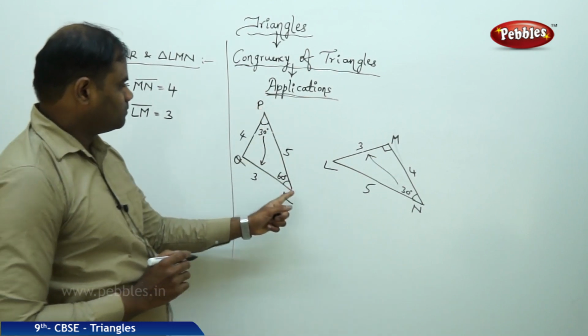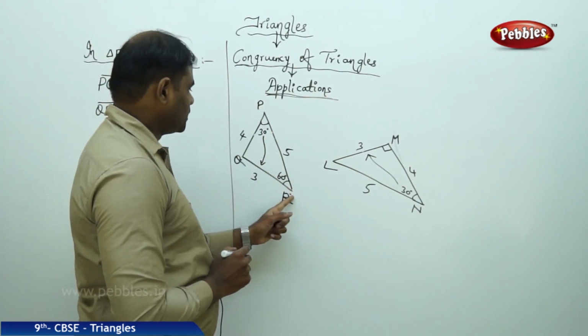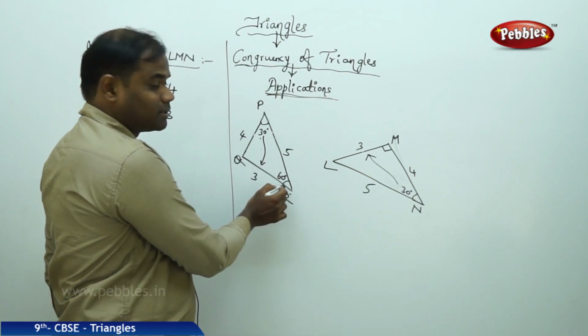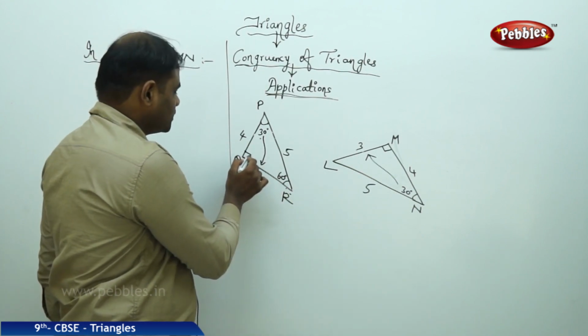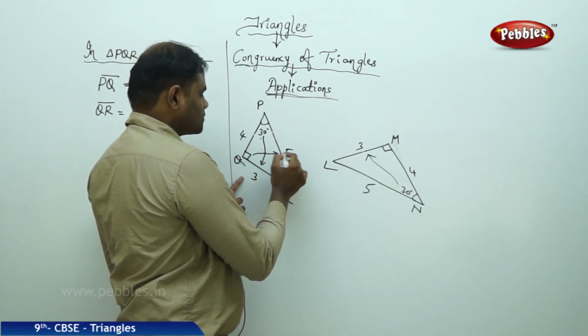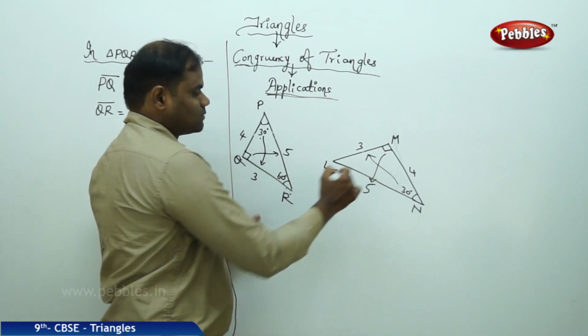Similarly, my PR is opposite to the 90 degrees, because when we have 30 degrees and 60 degrees, the third angle is a right angle, and here too there is a right angle. So opposite to the right angle is 5, and opposite to the right angle is 5.